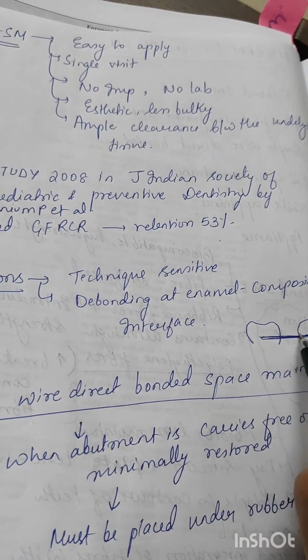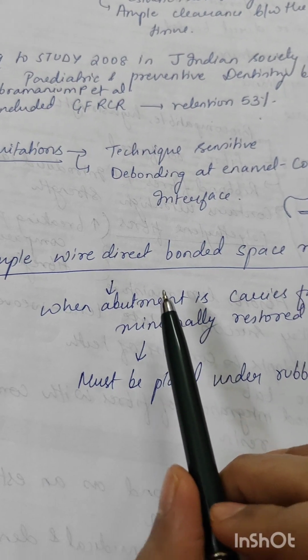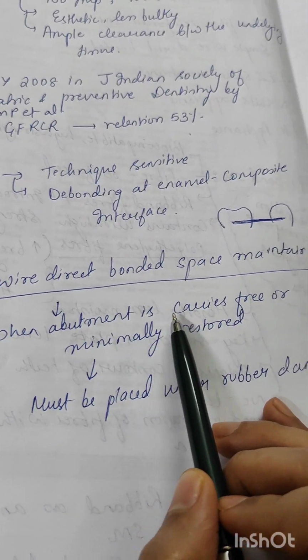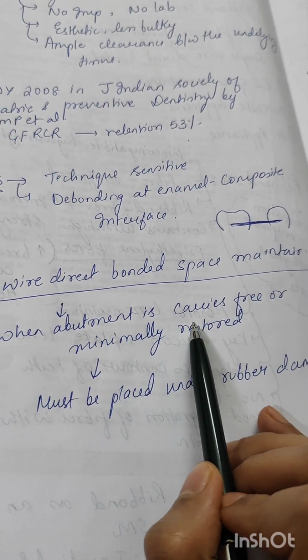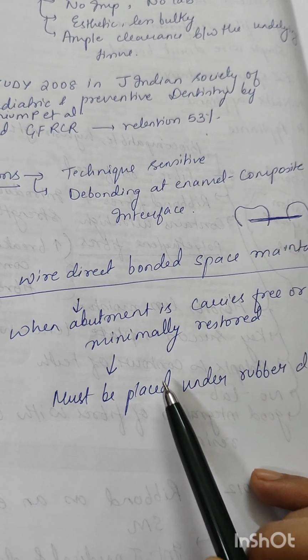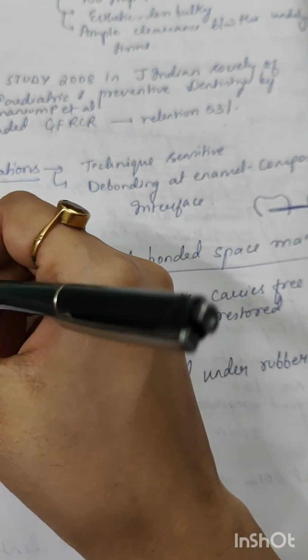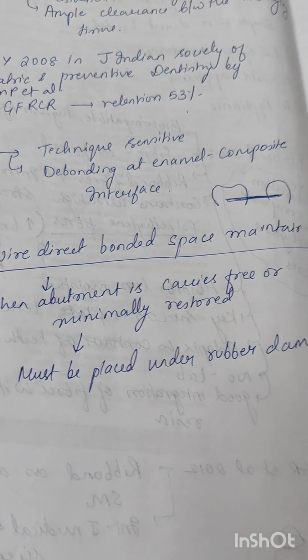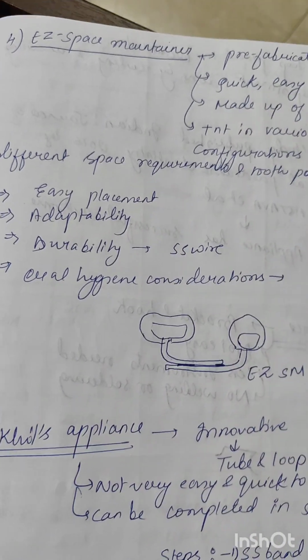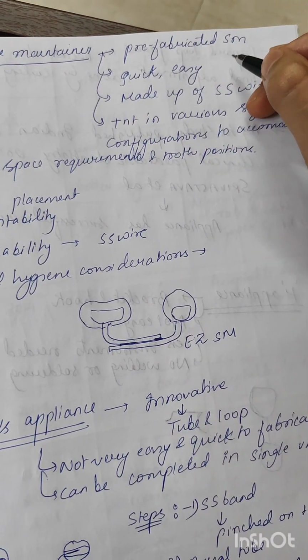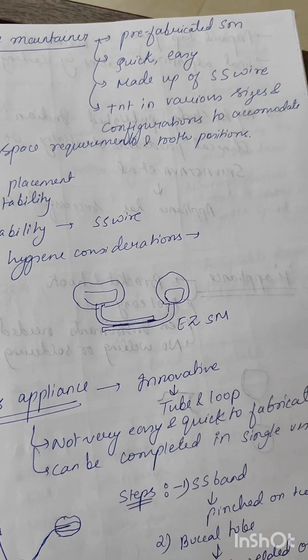Now next is the simple wire direct bonded space maintainer. When the abutment is caries free or minimally restored, we can use this simple wire direct bonded space maintainer, but it must be placed under rubber dam. Now next is the EZ space maintainer. It is a prefabricated space maintainer, quick and easy, made of stainless steel wire.